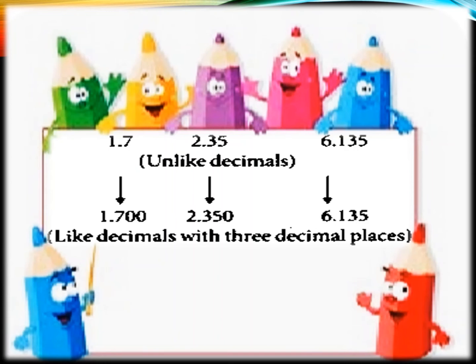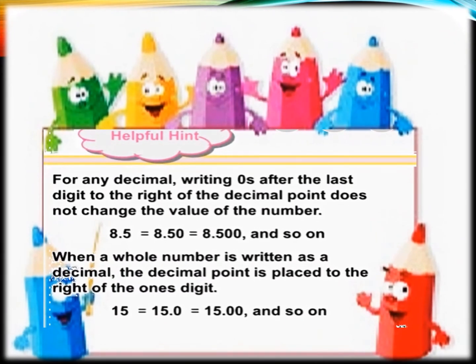You may be asked this question: convert this unlike decimal to like decimal. So what shall we do? We shall put zeros at the end of the digits. Fine. For any decimal, writing zeros after the last digit to the right of the decimal point does not change the value of the number.